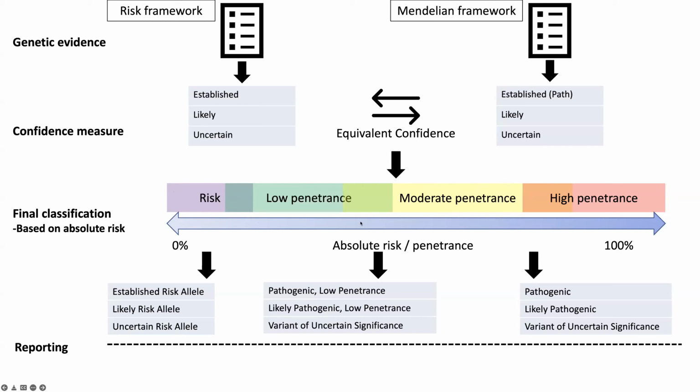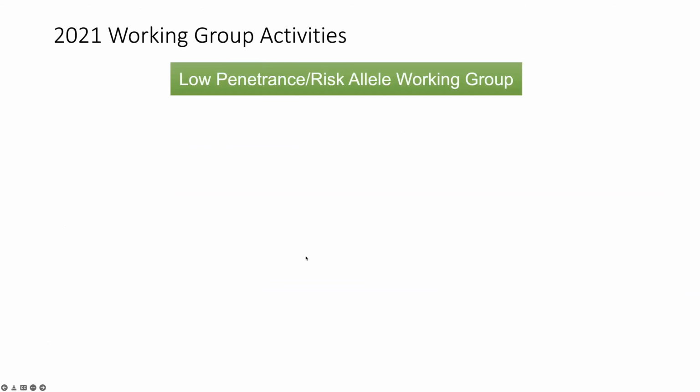Now the boundaries between these domains have been very difficult to pin down. It depends on the disease area, and we haven't been able to come up with some quantitative separation that works for everyone in the community, but we have some qualitative definitions.